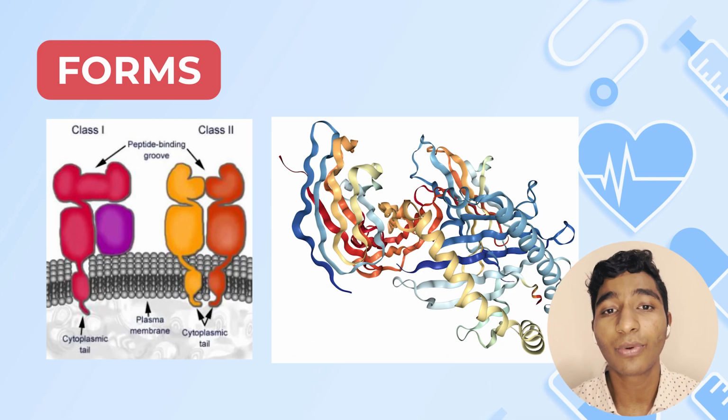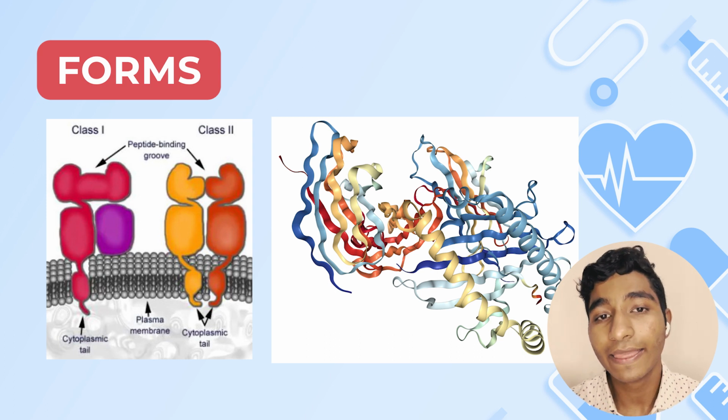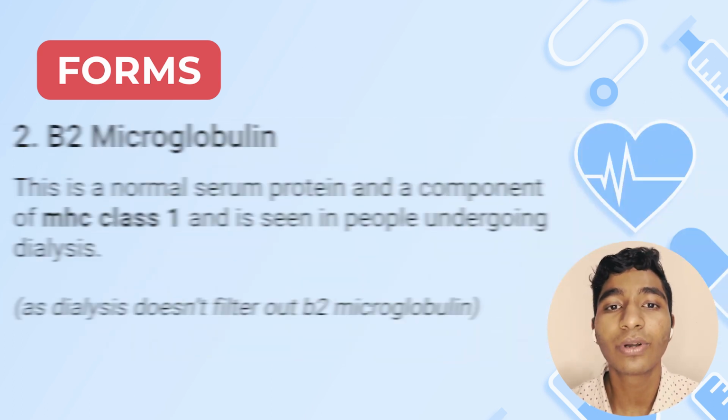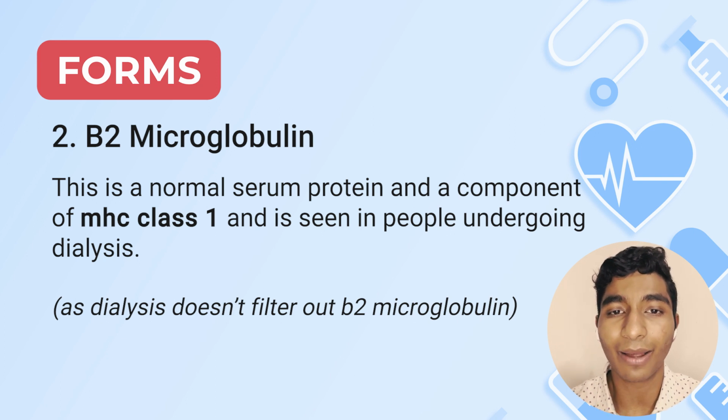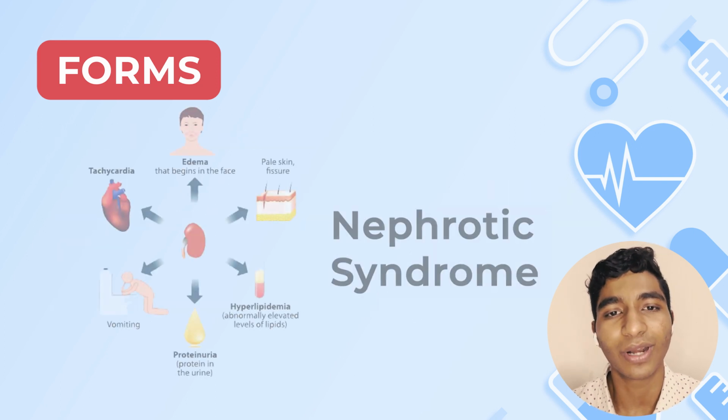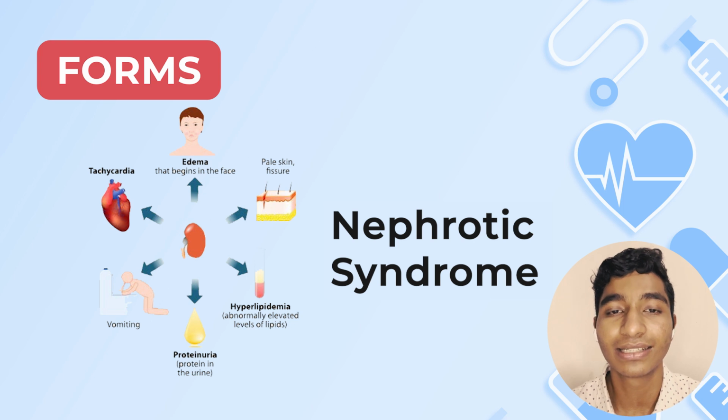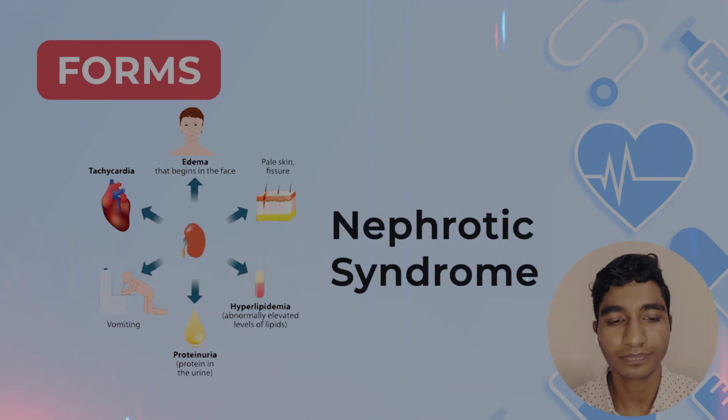The next one I would like to talk about is beta-2 microglobulin. This is a common protein found in your major histocompatibility complex 1. However, in cases of renal dialysis, where this protein is not filtered out, there can be clumping and aggregation leading to nephrotic syndrome or other serious renal implications.